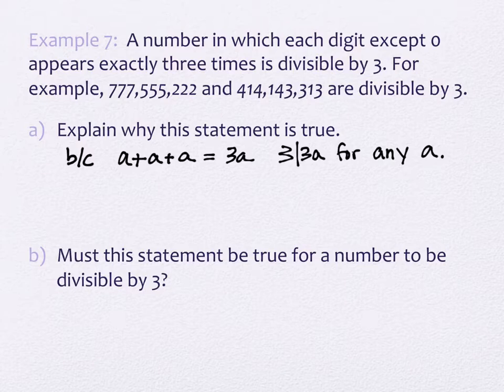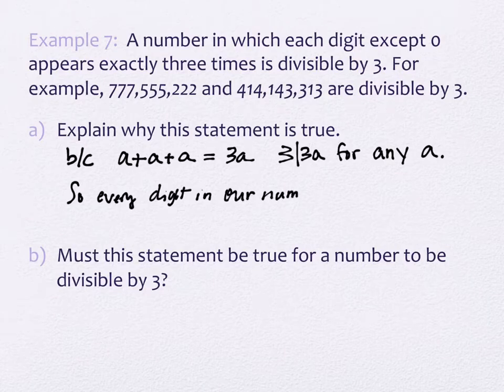So we could have some arbitrary zeros showing up in here and it wouldn't change anything. But yeah, every digit in our number has this property.